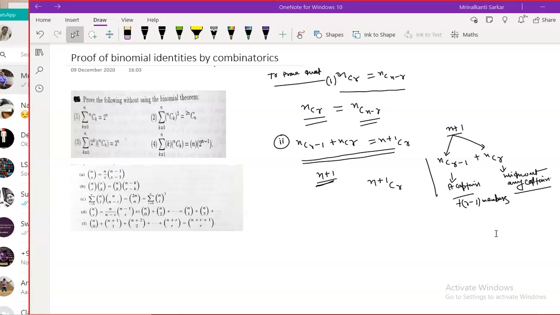But selection of r from n plus 1 people can be done by the following method also.